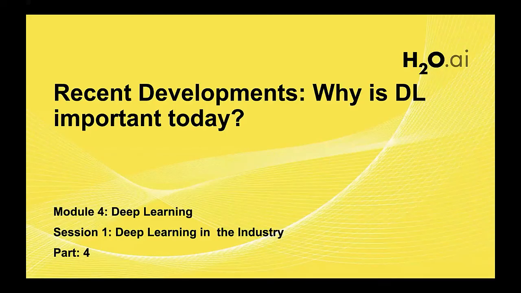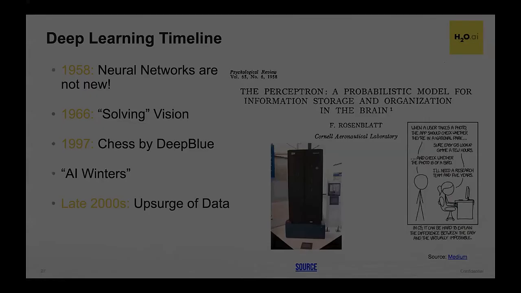So to talk a little about why deep learning is important today and what has happened in recent days that makes it important, I'd like to ask the audience a question. Let me open up the chat. When do you think the first algorithm or the first paper for deep learning would have surfaced? Would anyone like to take a guess at it? Okay, I don't see any answer, so I'm going to give a spoiler.